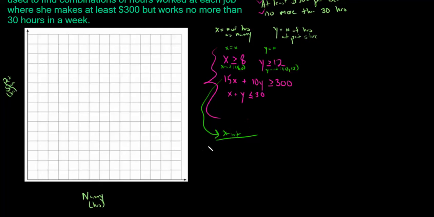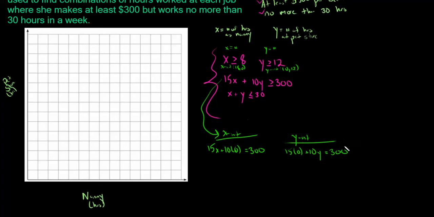To find the x-intercept, I'm going to do 15x plus 10y, but at an x-intercept, y is 0, so I'm plugging in 0 for y, is equal to 300. And to find the y-intercept, I just do the exact opposite. At a y-intercept, x is 0, so 15 times 0 plus 10y is equal to 300.